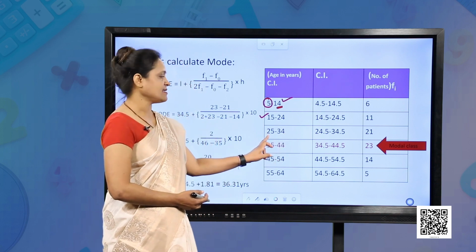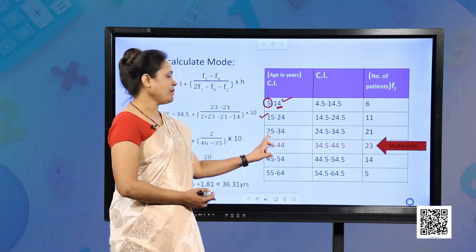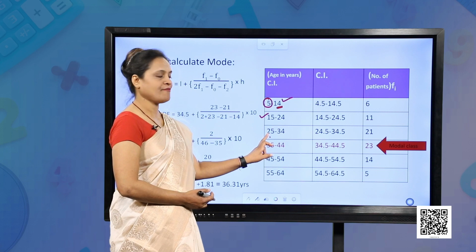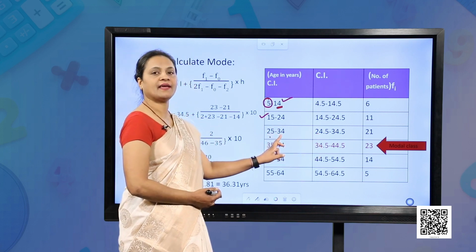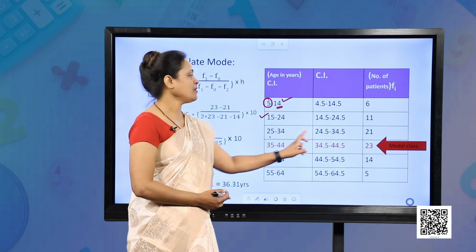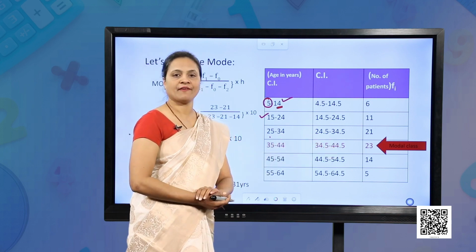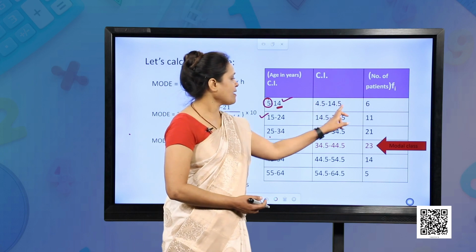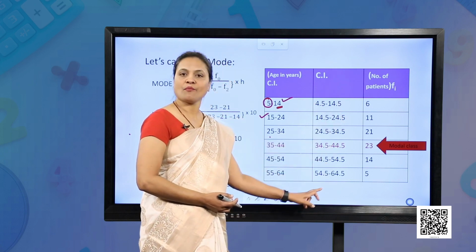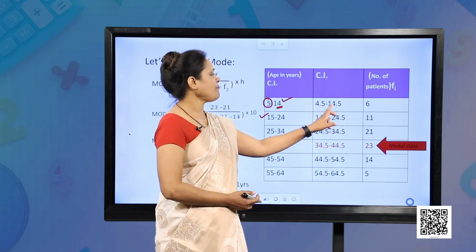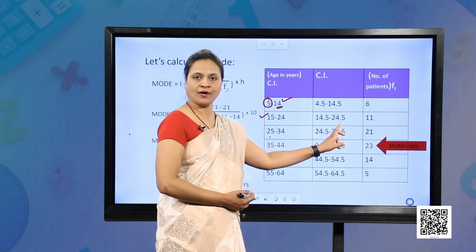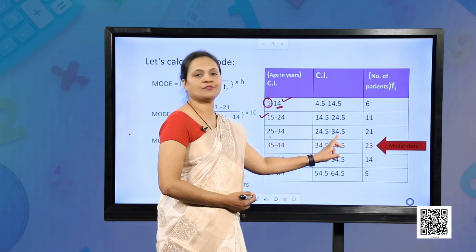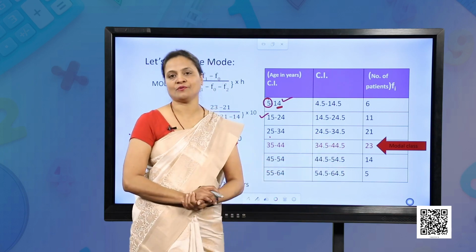For the third class interval, 0.5 will be subtracted from 25 to get 24.5, and 0.5 will be added to the upper class limit 34 to get 34.5. Now you can see that our class intervals have become continuous: 4.5 to 14.5, then 14.5 to 24.5, 24.5 to 34.5 and so on.